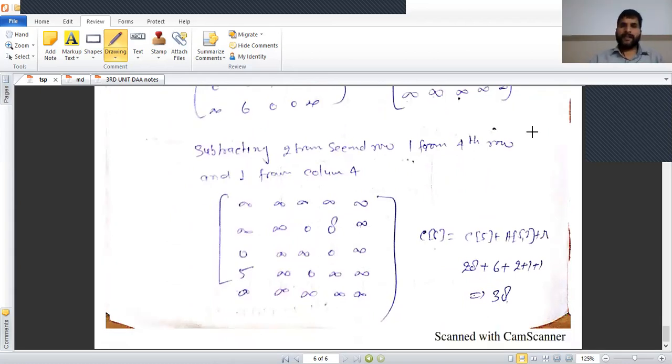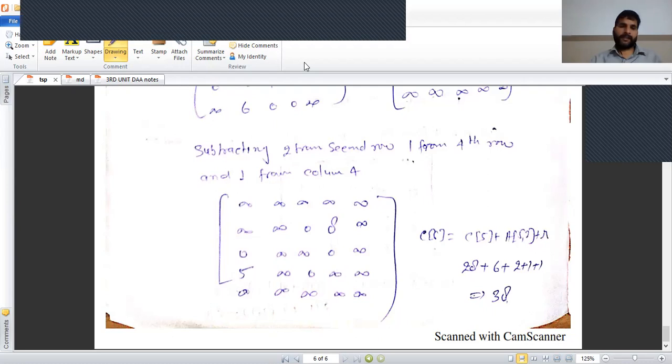So we calculate the value and find the solution of the traveling salesman problem.